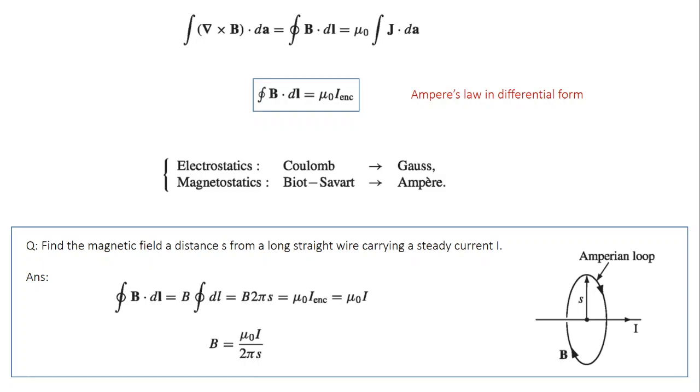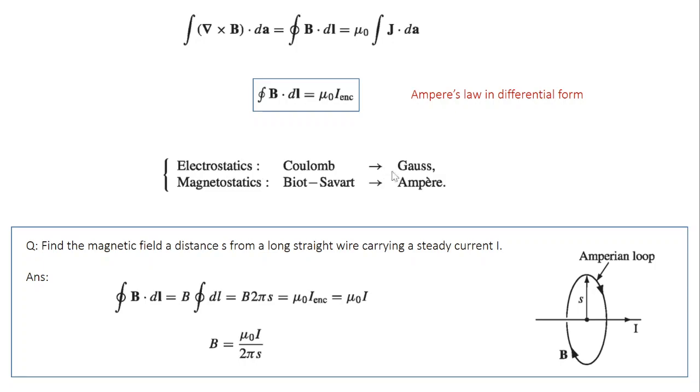So if you want to quickly compare electrostatics and magnetostatics, in electrostatics, to find the value of the electrostatic field, you have Coulomb's law. Similarly, in magnetostatics, we have the Biot-Savart law. In both cases, as the distance from the source increases, both the electric field and magnetic field decrease.